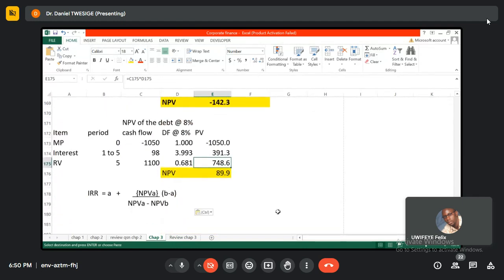So if I substitute, I'm going to have A, which is 0.08, plus 89.9, into B, which is 0.14 minus 0.08.